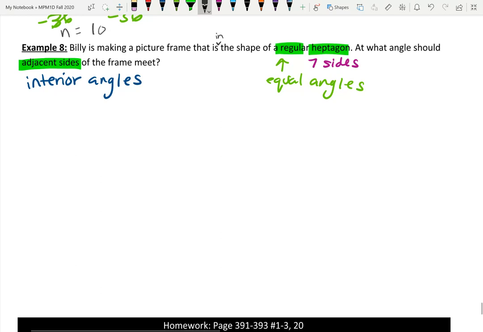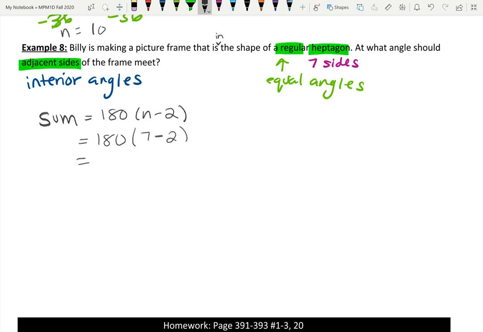I'm going to start off with my formula. And then I'm going to plug in my n value and simplify. Okay, so the sum of the interior angles is 900. Now remember, this is a regular polygon, so we can use that other formula.